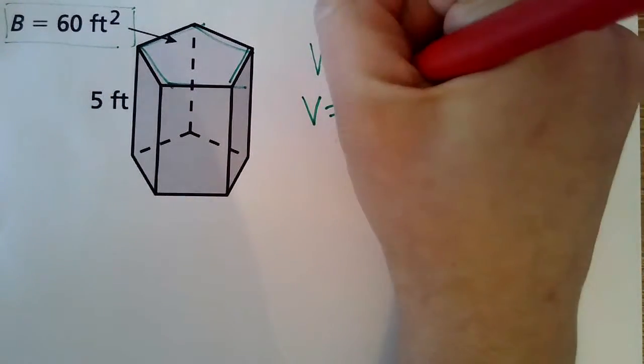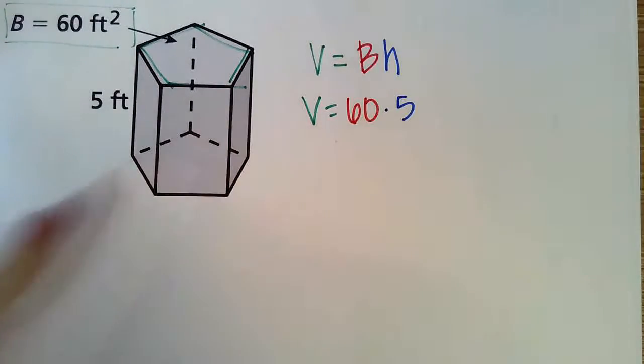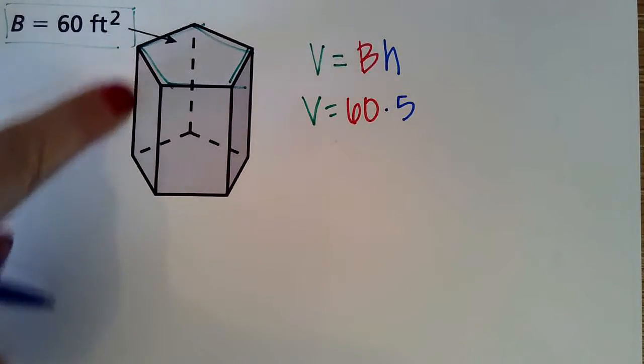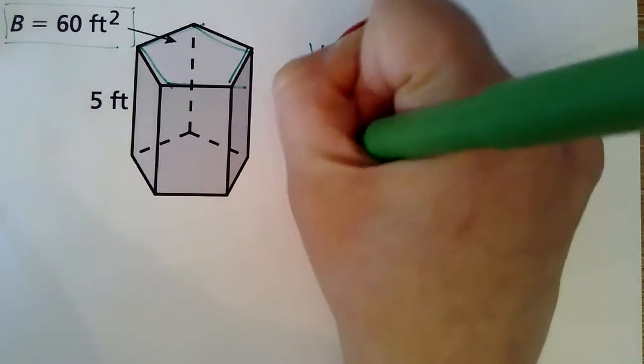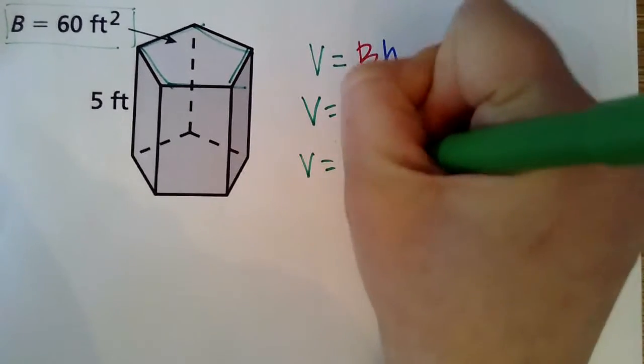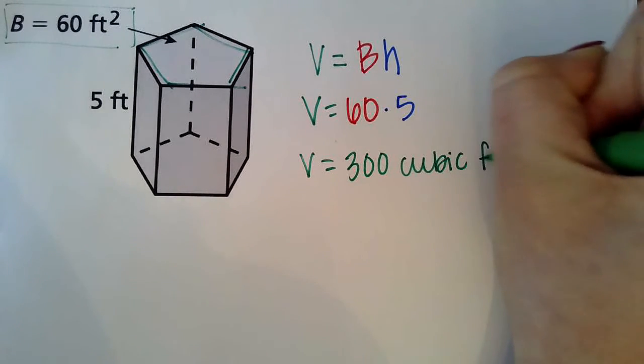So here I've got 60 times my height, which is 5. Remember that height is that distance between my bases. I multiply all of that together, getting me 300 cubic feet.